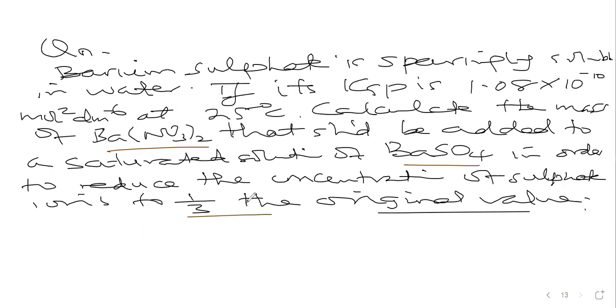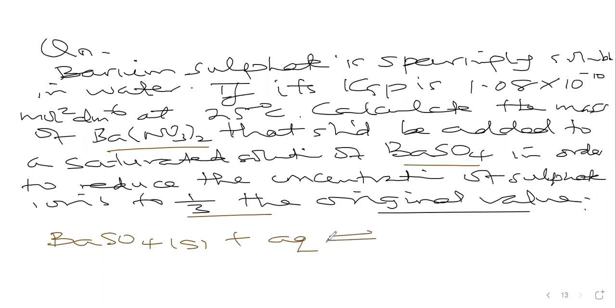Now here we need to get that original value they are talking about. What is that original value? In other words, we need to get the original concentration of sulfate ions before we added barium nitrate. We are aware that barium sulfate is sparingly soluble.